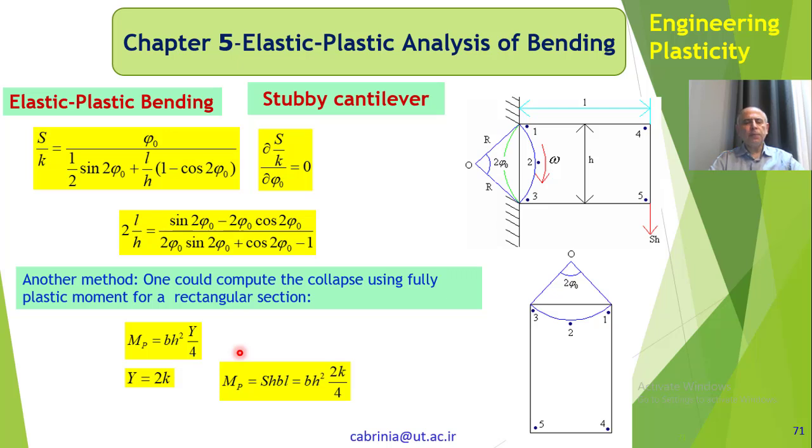SHBL is that shear force per unit width, that B is width times L gives the bending moment, and that is equal to BH squared 2K over 4. So in here S over K, like here, we get 1 over 2, 1 over L over H. Now because we don't want to confuse this S over K with that S over K, I put it here S prime over K, so that I know I obtain this from this relationship, not the collapse load method.